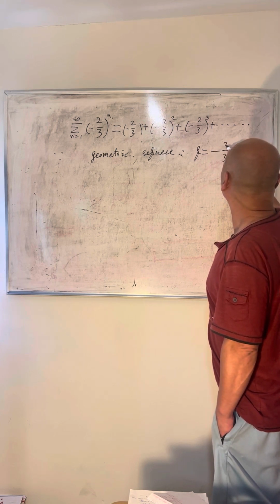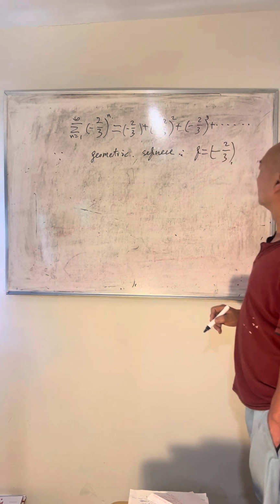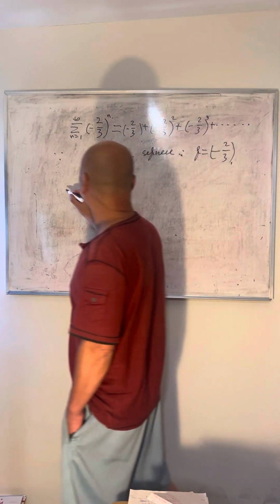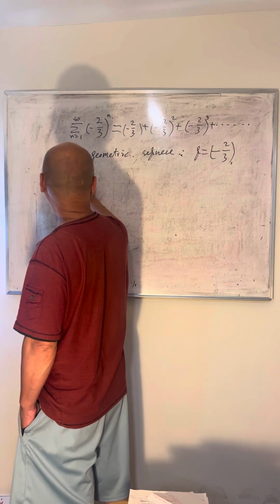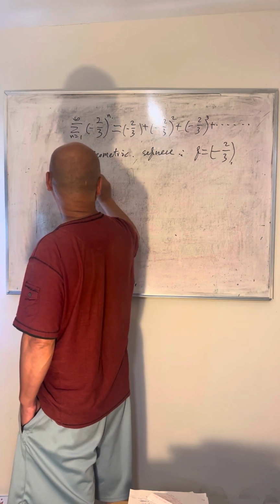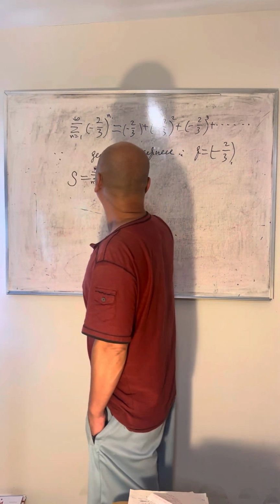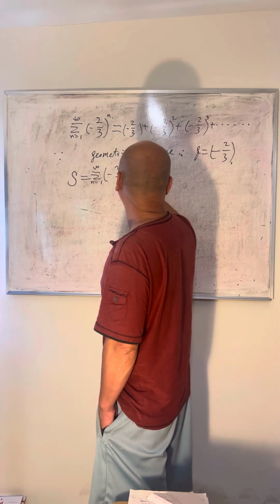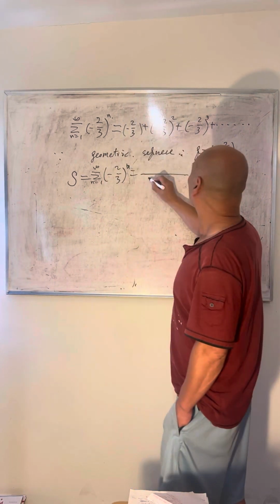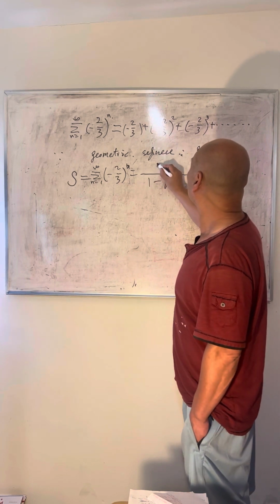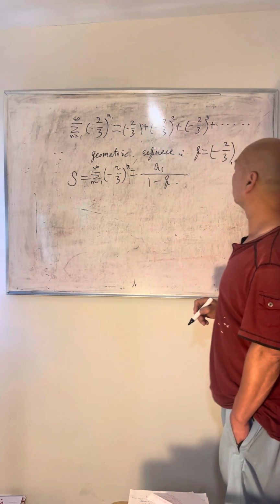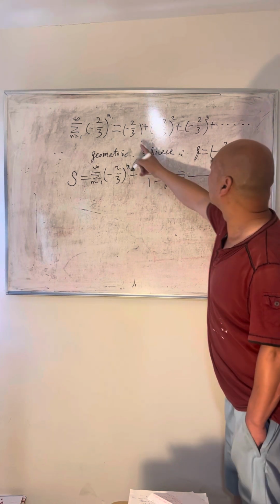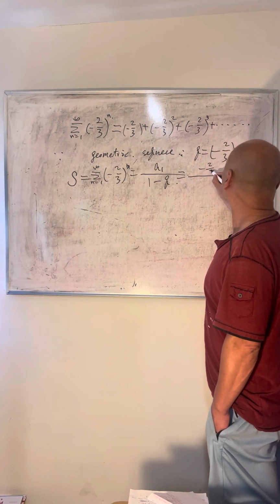The common ratio q is negative 2/3. So by the formula, the sum of this is equal to the first term over 1 minus the common ratio q. The first term is negative 2/3.